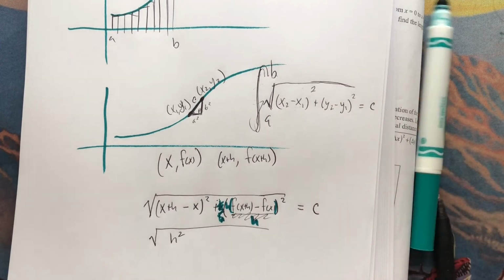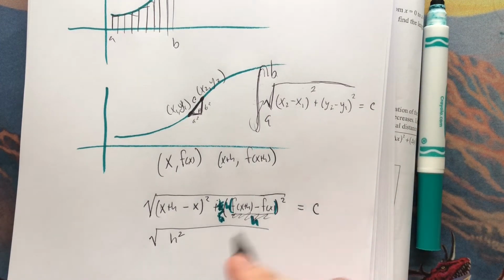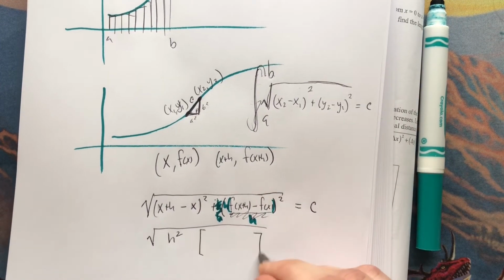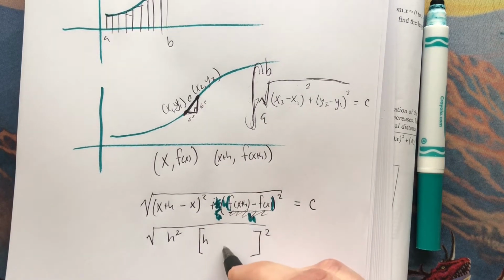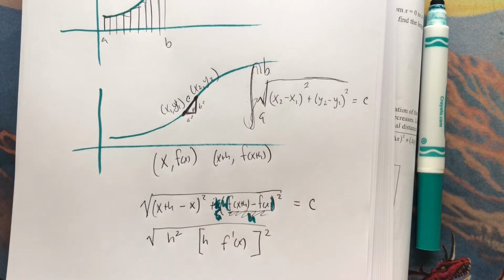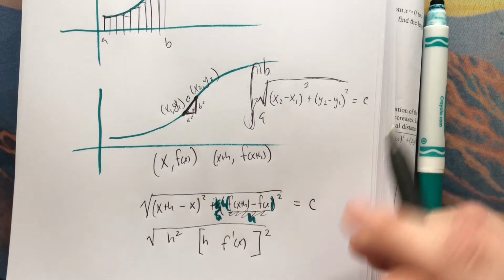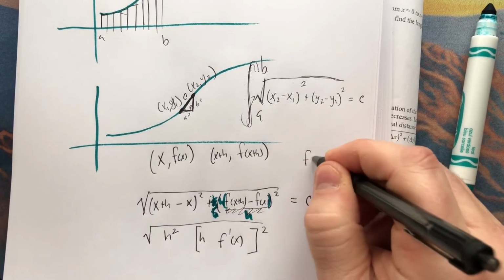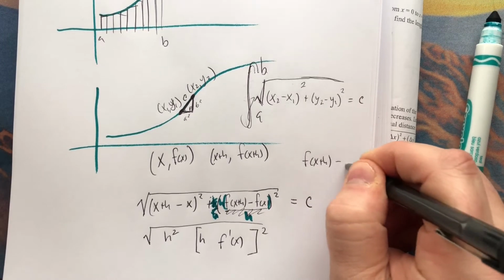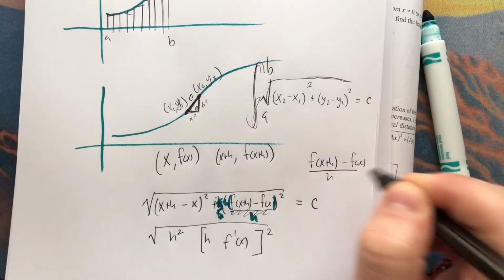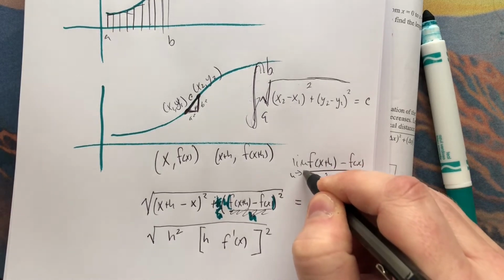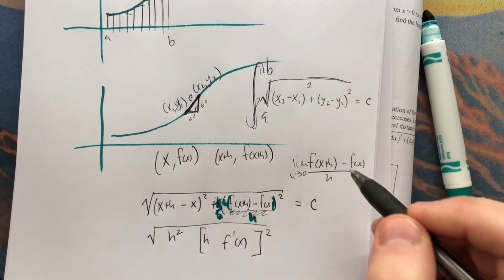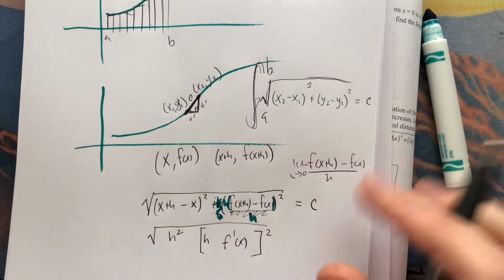So if I do that, I still have this squared outside. I have an h times it. But now I have f prime of x. Because, just a reminder, and I'm taking a little bit of liberty here by ignoring the limit, I guess we could throw the limit out front of this kind of thing.